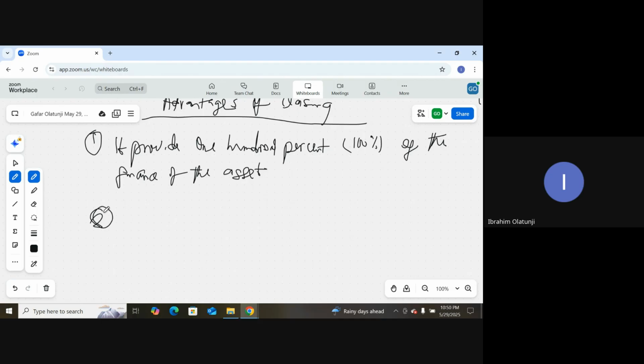What this implies is that when you take a bank loan or other forms of credit, that one might only provide part of the asset cost. Do you get my point now?